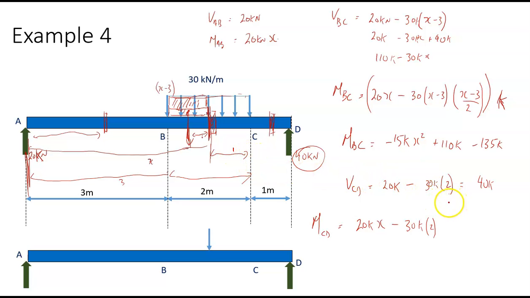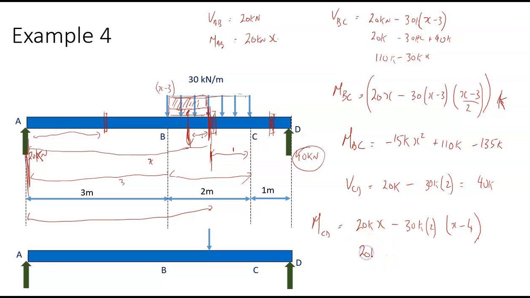So that would be x minus, if that's 1 meter, then that distance out to there is 3 plus 1 is 4, so x minus 4. And what's that?